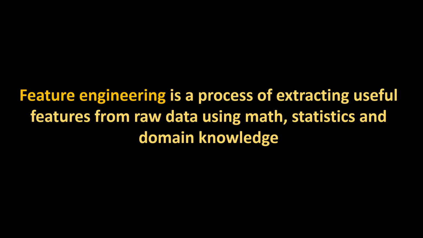The examples that I showed you used domain knowledge, mathematics, and statistics to extract meaningful features out of our data set. But these processes were manual, and there have been some automated ways of detecting these features, and we'll be covering all of that in this feature engineering tutorial series.